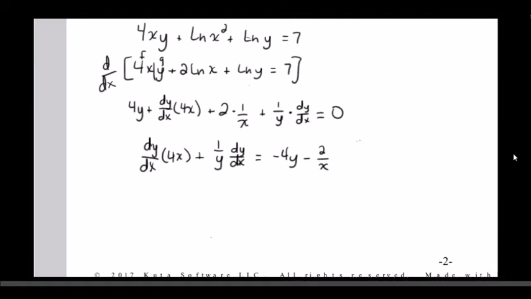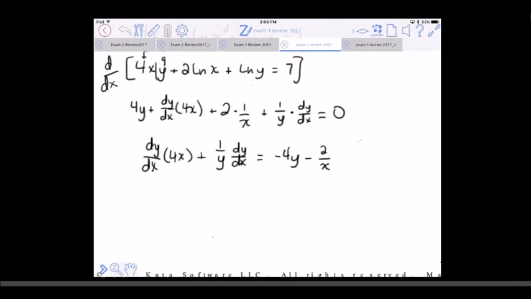Now here on the left side, I'm going to factor out the dy dx that's common in both terms.